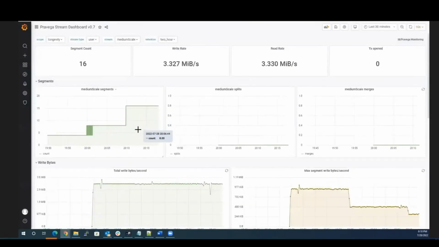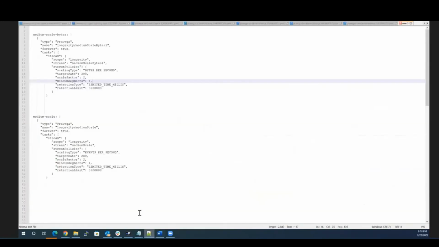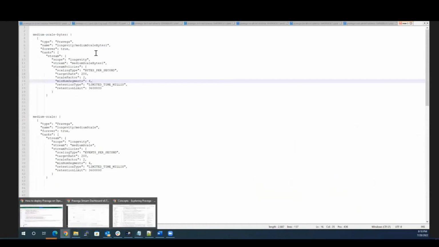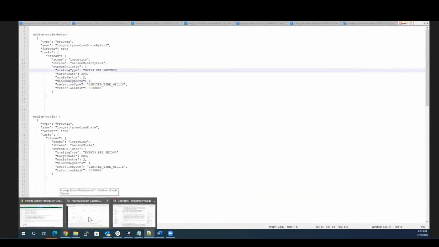Now let me demonstrate the same feature at the live cluster level, where we can see from the metrics the two different plans that I explained, medium scale and medium scale bytes. These are the two workloads for which we have defined the same configuration of scaling policy.